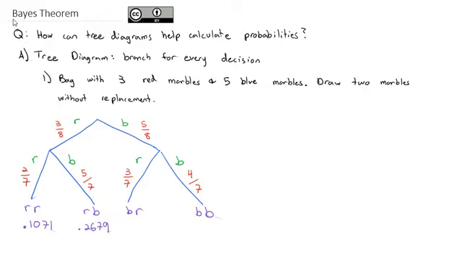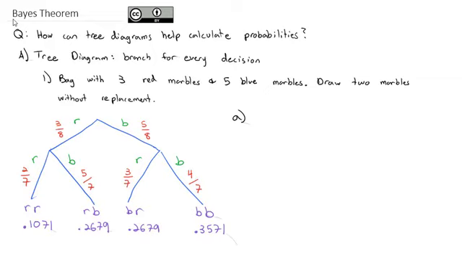Going down the other direction, blue then red, 5/8 times 3/7 is also 0.2679. And blue, blue, 5/8 times 4/7 is 0.3571. And now I can see the probability of any single outcome.